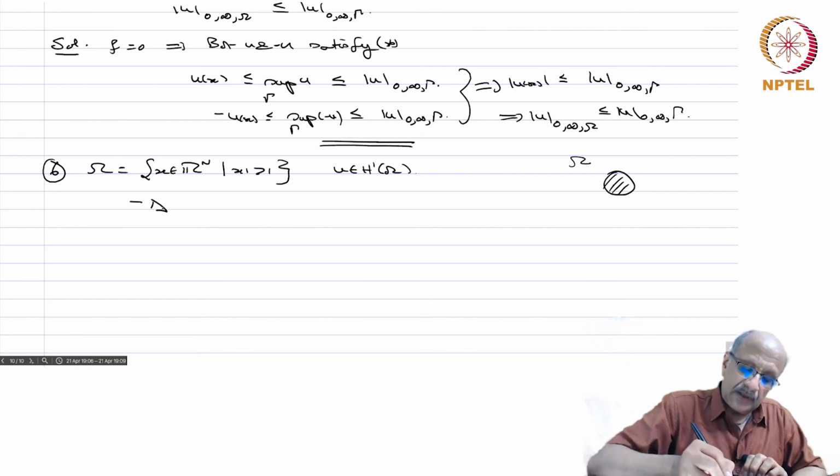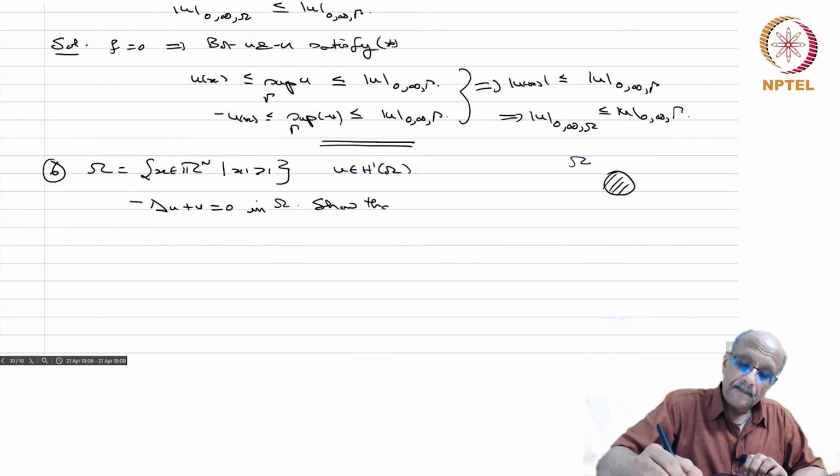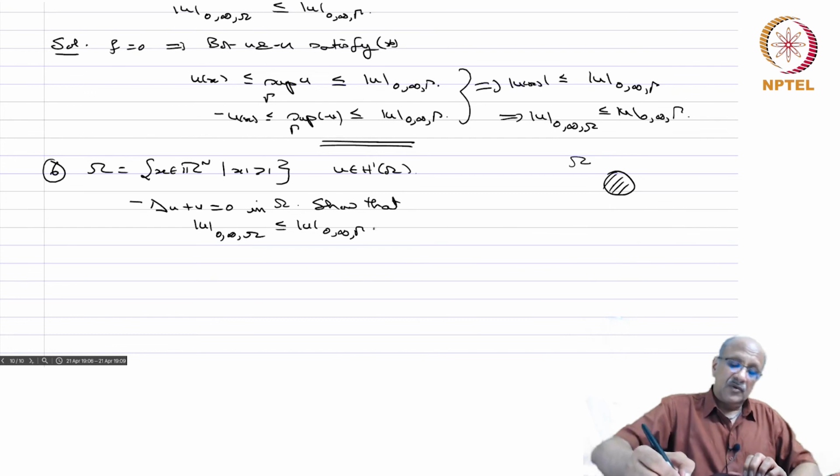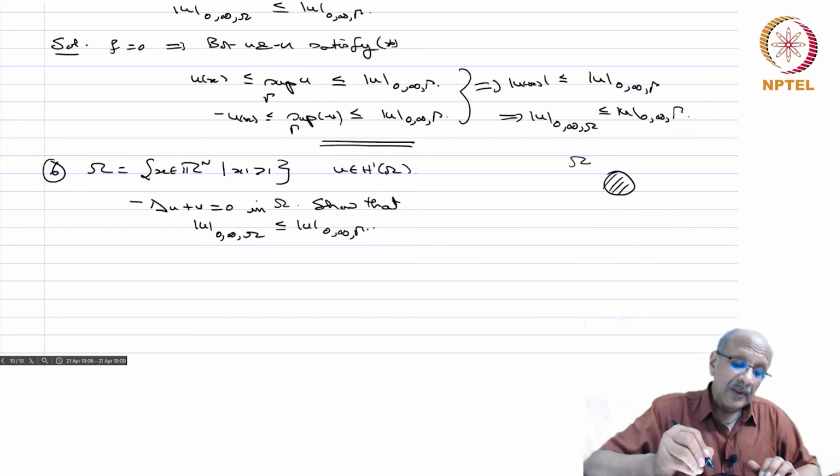Then minus Laplacian u plus u equal to 0 in omega. Show that the L infinity norm of u on omega is the same as the L infinity norm of u on gamma.